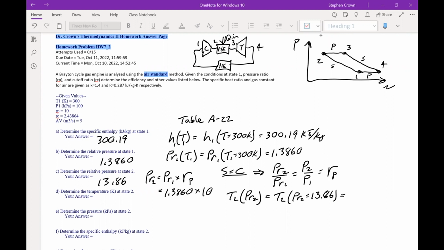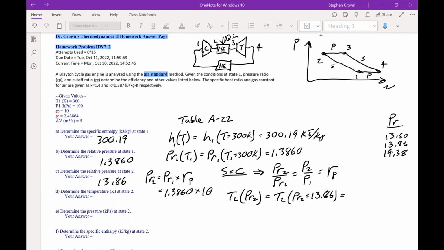If I look for that in the tables, 13.86 is between 13.50 and 14.38. So I have Pr2 values 13.50 and 14.38, and my value is 13.86.